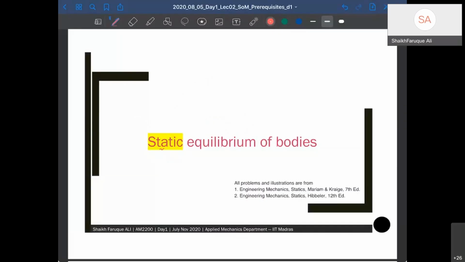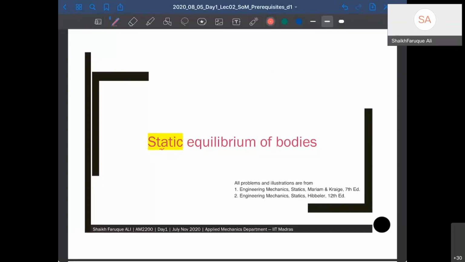We are only going to recap whatever you learned in the last engineering mechanics course, and probably later in the course we will develop from static equilibrium of bodies how the differential stress equilibrium comes. Okay, so let's go ahead and discuss static equilibrium.